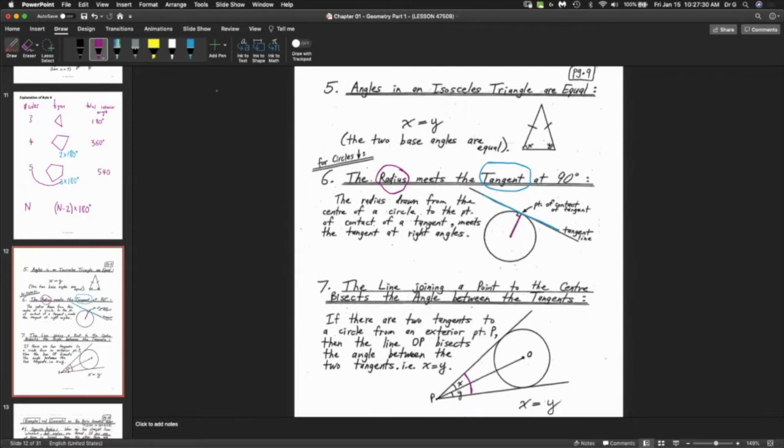Now, if you draw another line segment that starts from where the tangents meet and goes through the center of the circle, then this original angle here in purple is going to be cut in half equally. Now, we don't say the words cut in half equally. Instead, we say the word bisect. So whenever you see the word bisect, bisect refers to divide into two parts equally.